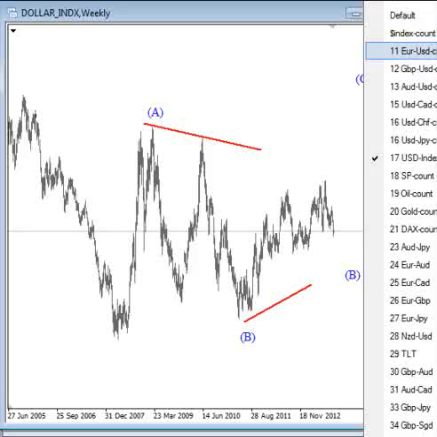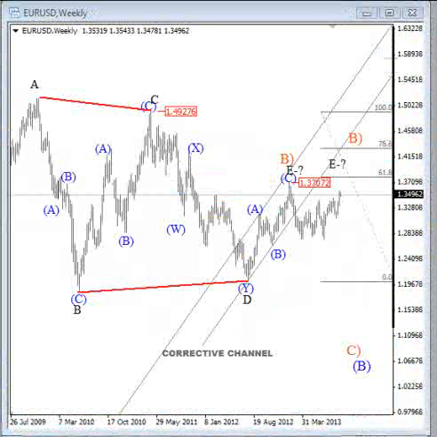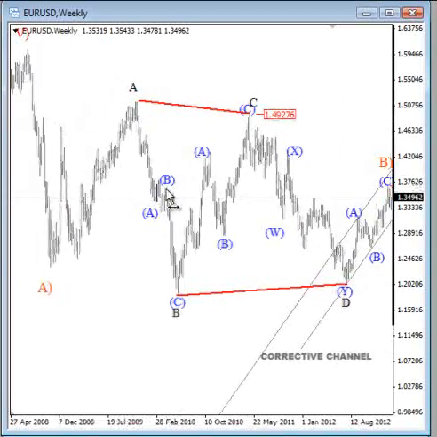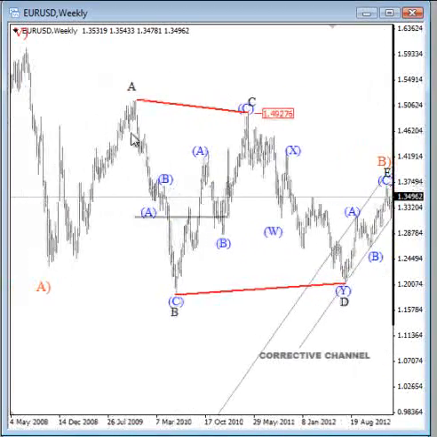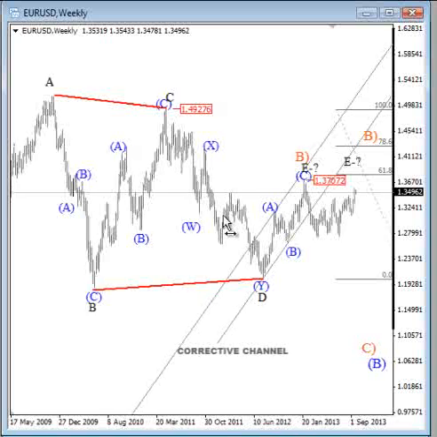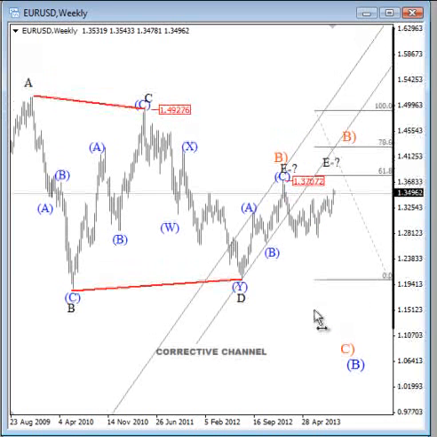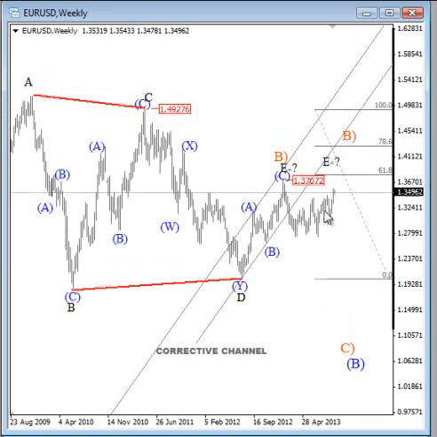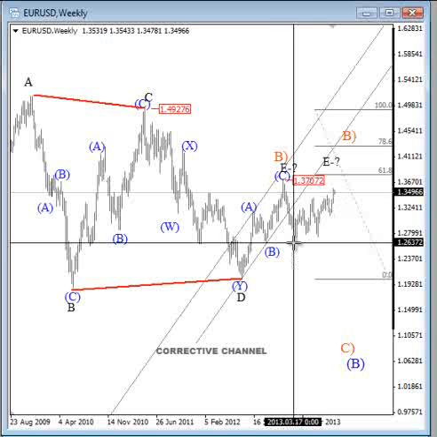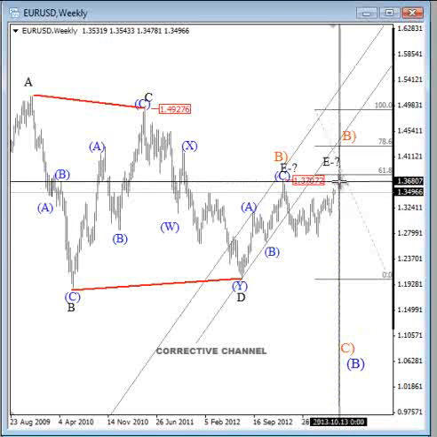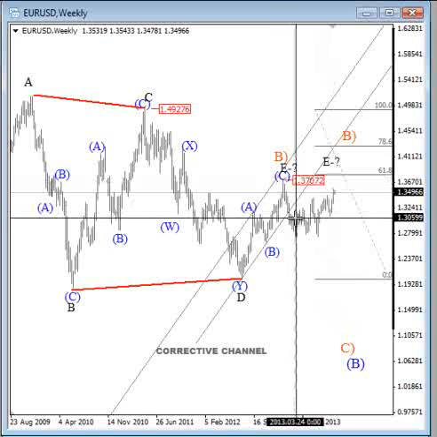So now let's take a look at the euro dollar. Here on the euro dollar weekly chart, as you know, I've been tracking this running triangle in wave B for a while now. We thought this was the end of the pattern because of a three wave rally and that we were going lower, but as you can see, the price has been moving higher since April already and is now approaching these previous highs.